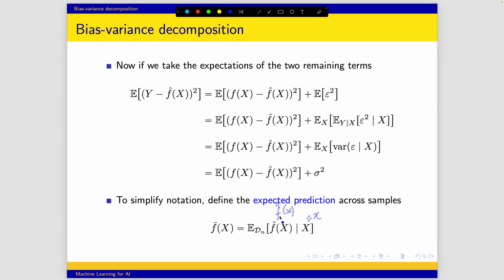Now, f hat depends on our training sample. So if we change training samples, we're going to get a different predictor, and so we're going to get a different value of f hat of x. So this quantity is saying, what is the average over all possible training samples of f hat of x, where x is some value that we fixed our random input x to.